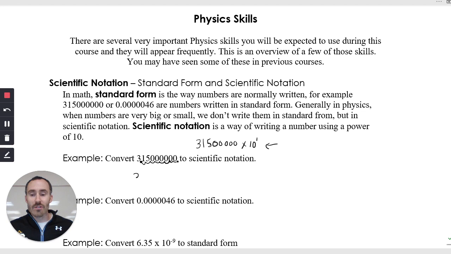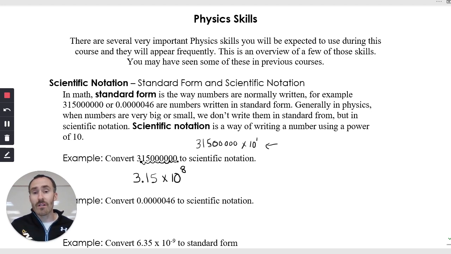So our number is going to be 3.15. That's going to be the digits in our number, and then in our power we are going to store all of the times that we moved the decimal place. So I think I said that we moved the decimal place 8 times. And so that means we're going 3.15 times 10 to the power of 8. Okay, so all of those decimal places are just stored in this 10 to the power of 8.